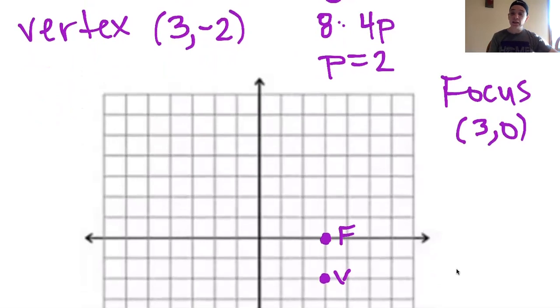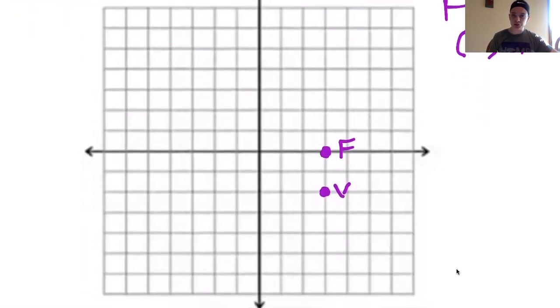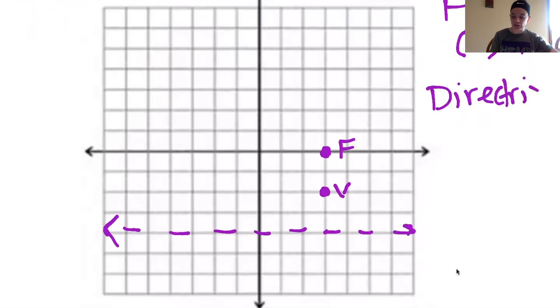Now, our directrix needs to be P units the other direction. So now I'm going to count P units, which was 2, down. But instead of a point, it is actually a dotted line that I want you to draw. So that's our directrix, and we're going to have to actually label it as a line. So this is the line y equals negative 4.